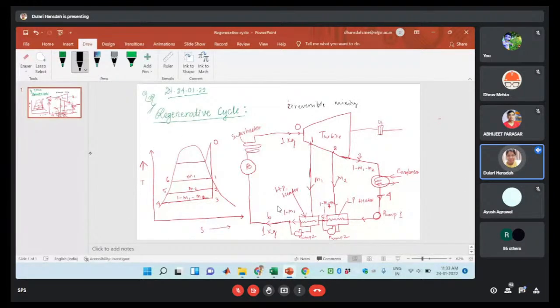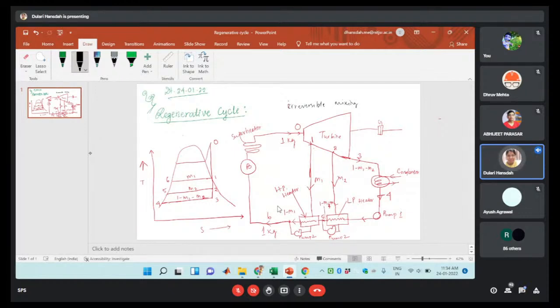So to avoid that, what we are doing is increasing the condensate temperature to the temperature of the boiler at which steam is generated. In that case, the amount of fuel supplied at this point will be decreased. Our main aim is to increase the heat addition at this position so that you can get the maximum out of this.